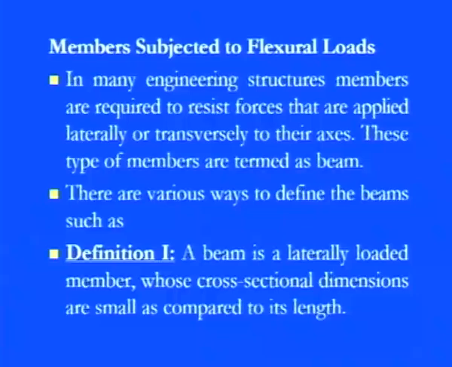The first definition is: a beam is a laterally loaded member whose cross-sectional dimensions are small as compared to its length. As I am saying, it is laterally loaded, so in the lateral direction the diameter, thickness, or other dimensions are very small as compared to the longitudinal direction.